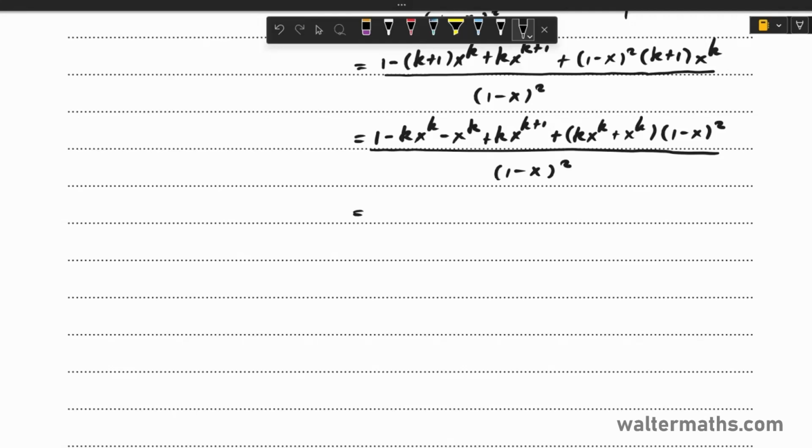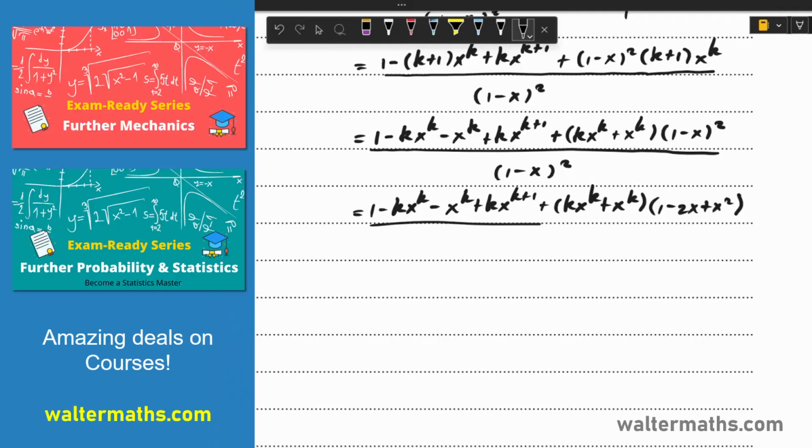Let's continue simplifying. We'll have 1 minus kx to the k minus x to the k plus kx to the k plus 1 plus kx to the k plus x to the k, and expanding this bracket we get 1 minus 2x plus x squared, all over 1 minus x squared.